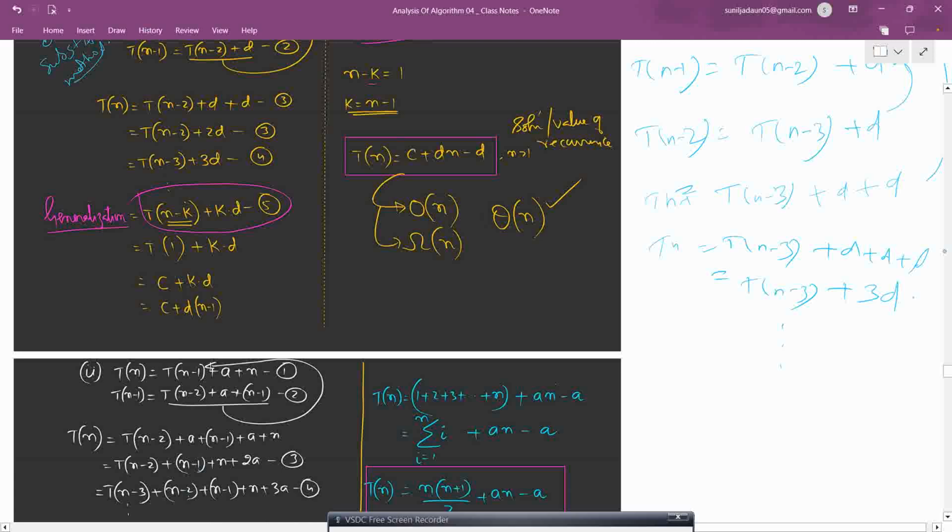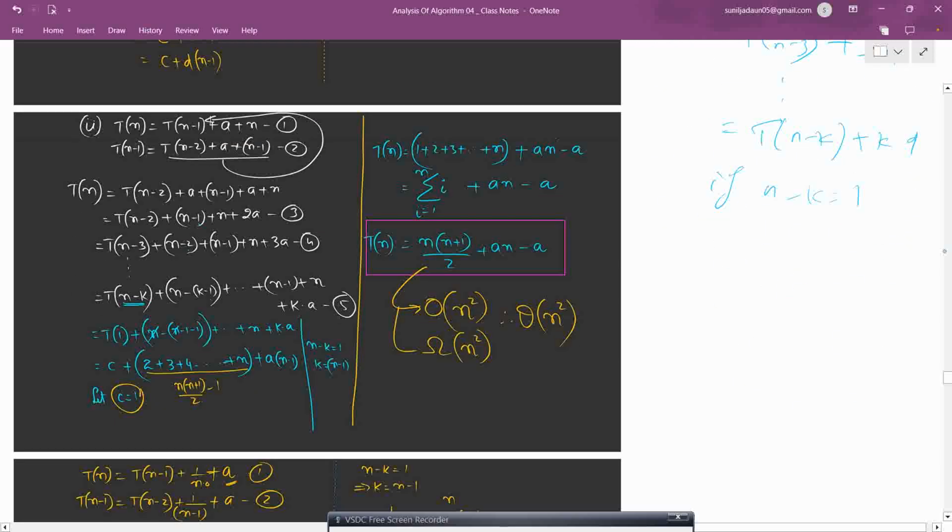If we generalize this, T(n minus K) plus K D. If n minus K is equal to 1, then what?